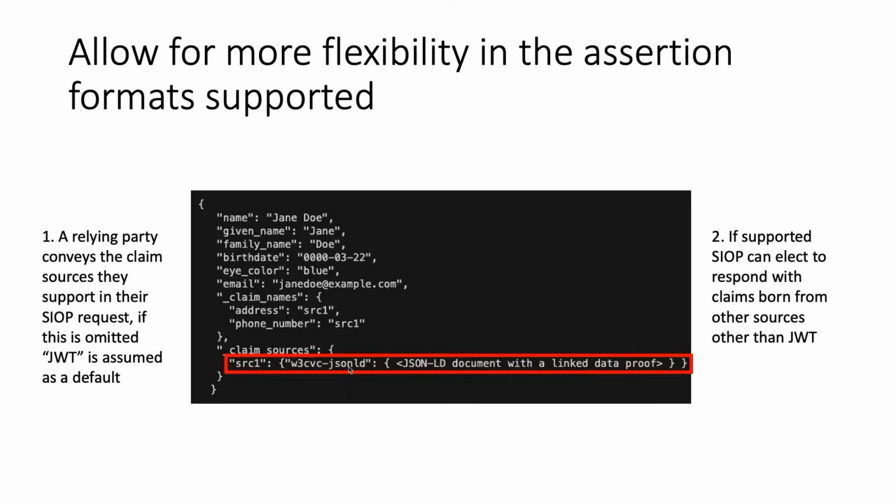There is. As opposed to having to use all of the canonicalization that's required in JSON-LD signatures. There is. You can use JWT proofs, which is the signing. Right. Okay.